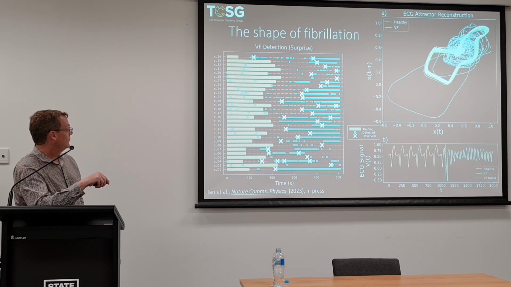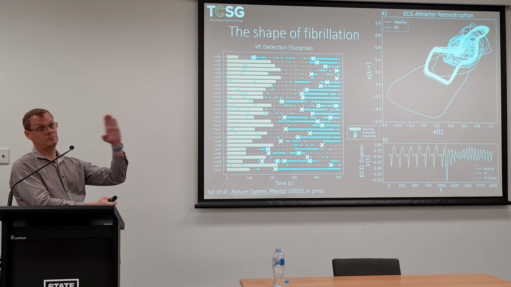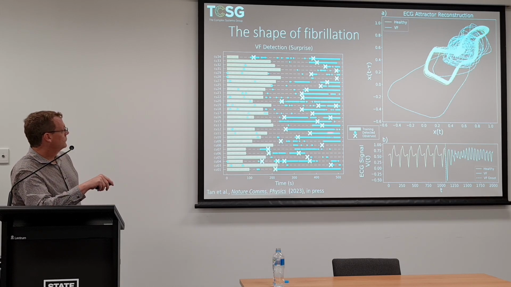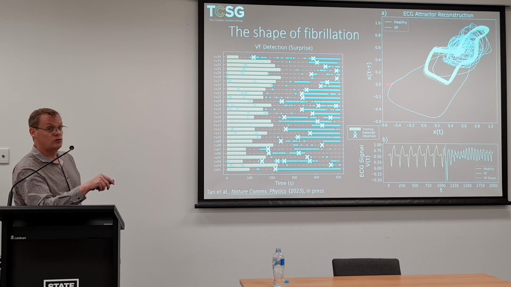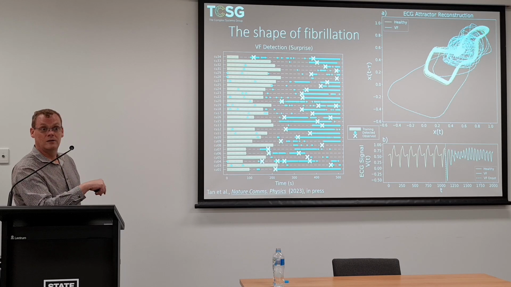The crosses are when a cardiologist says the person is having a heart attack. So they've gone and looked at it, and they said, that's when it starts. The blue dots are when our algorithm, based on looking at how the shape changes, detects onset of the heart attack.